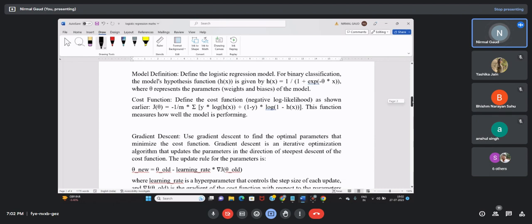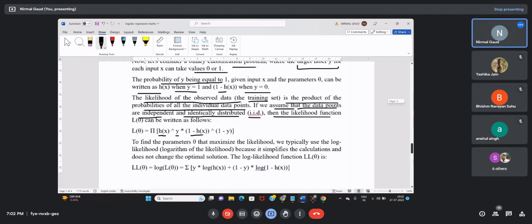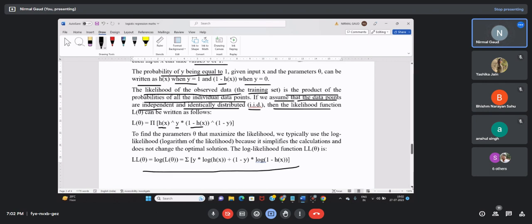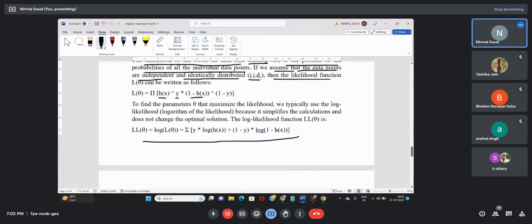What is your logic about it? We are writing h(x) to the power y, (1 minus h(x)) to the power 1 minus y, the multiplication of these two. That's what we call the likelihood function. And then we came up with a certain solution, spontaneously. So we need to consider this.